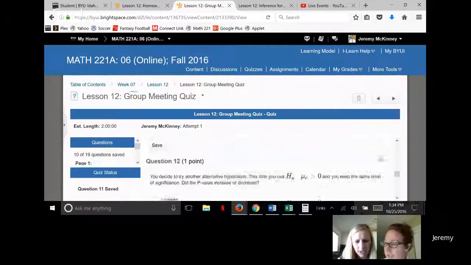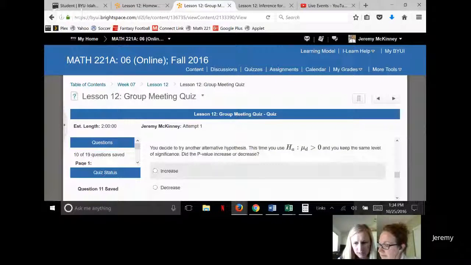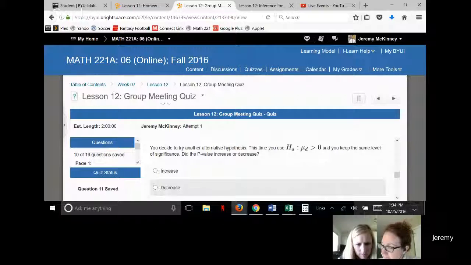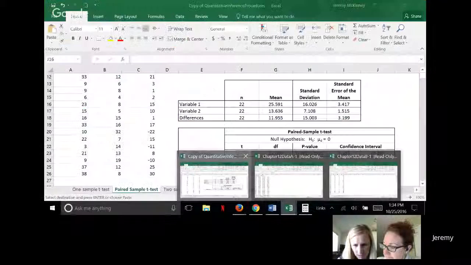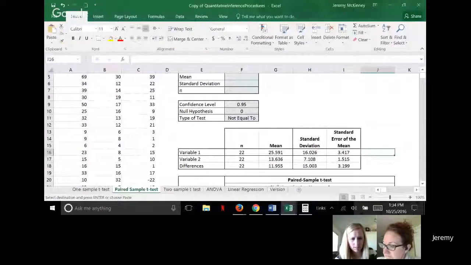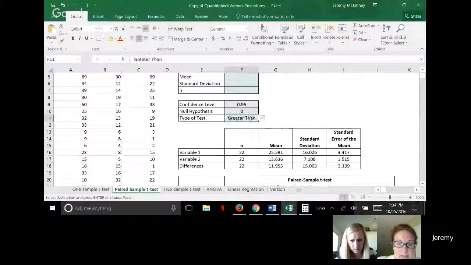Okay, so number 11, we are rejecting it. Then for this one, we make it greater than. So the p-value decreases?